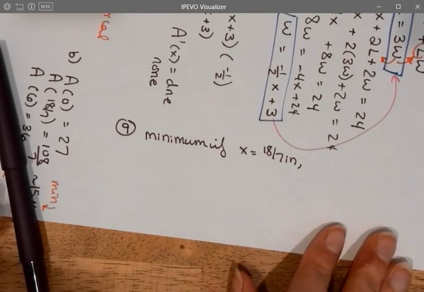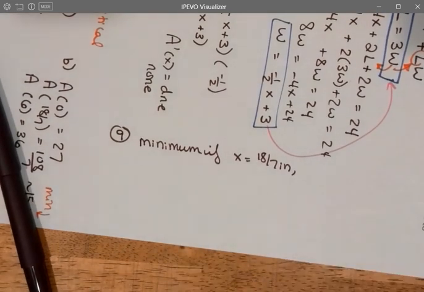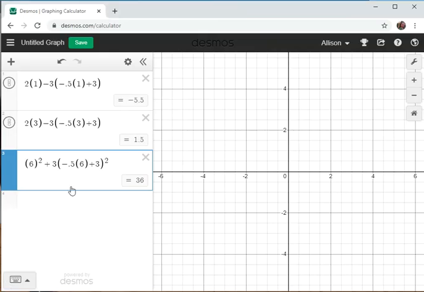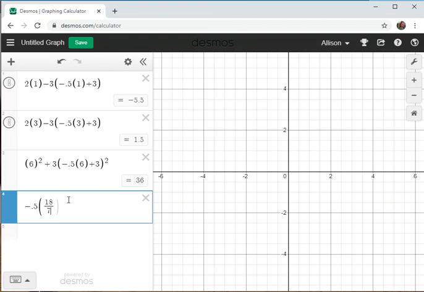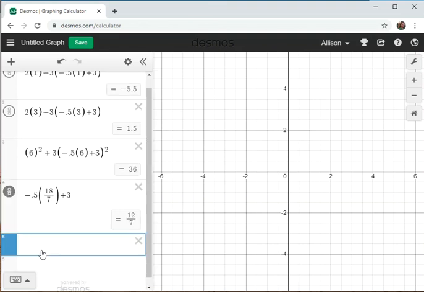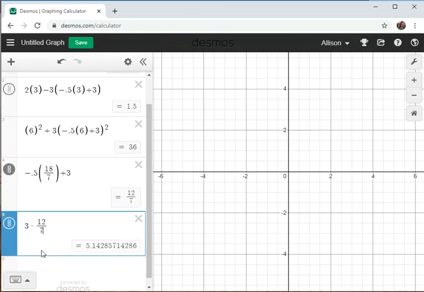So let's figure that part out to find W. So W equals negative 1/2 of 18/7 plus 3, which is 12/7. And L was 3 times W, so I need to take 3 times 12/7. And that is 36/7.